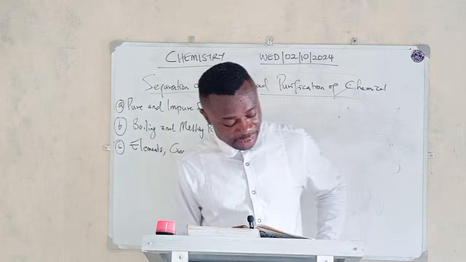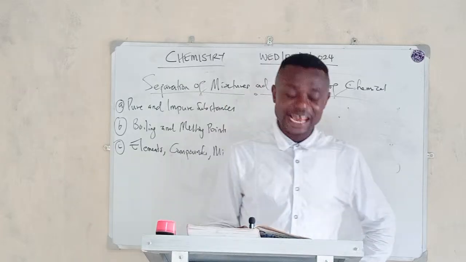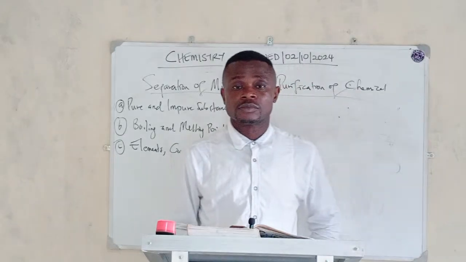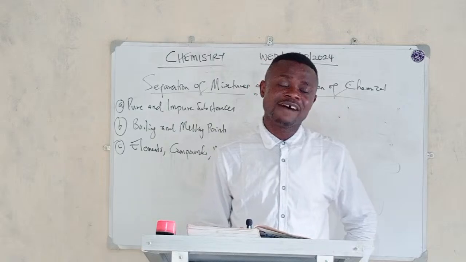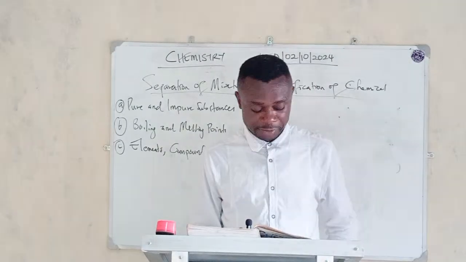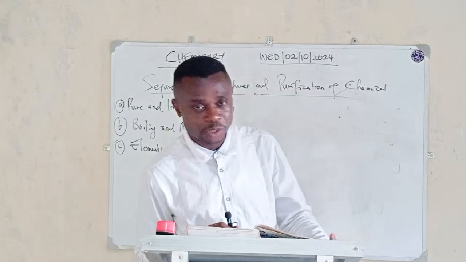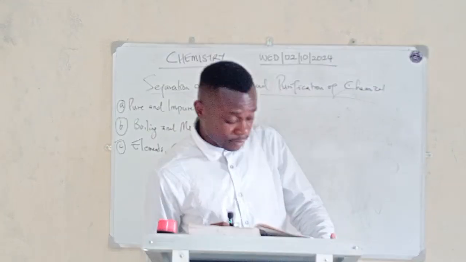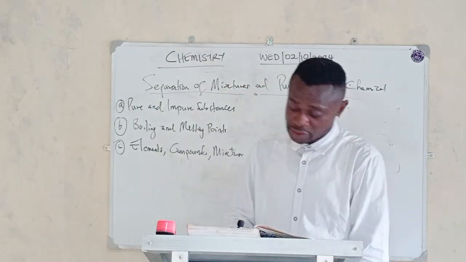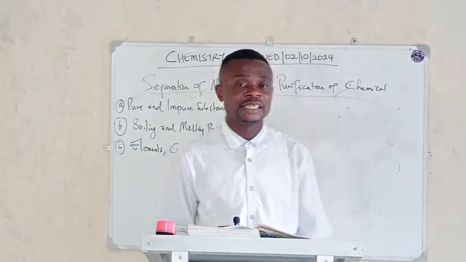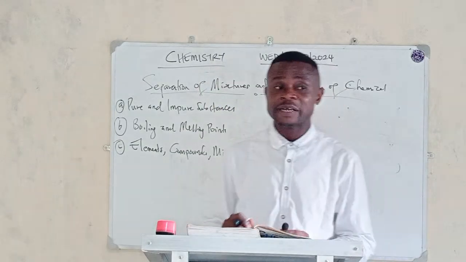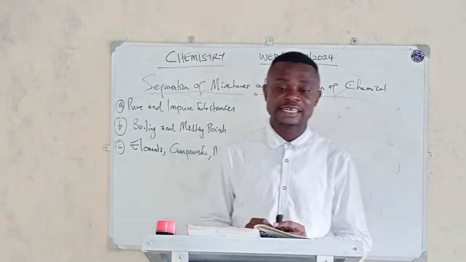Metals usually have relatively high density compared to non-metals, which have relatively low density. So these are a few differences between metals and non-metals. Then in terms of tensile strength, metals have high tensile strength.